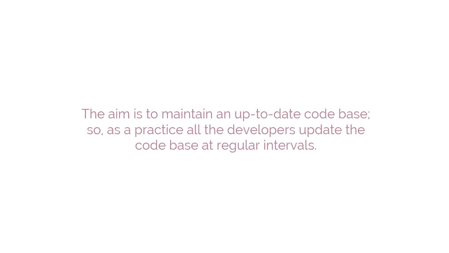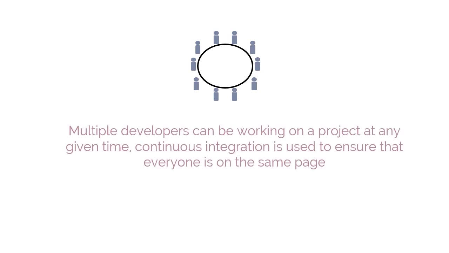The aim is to maintain an up-to-date code base. So, as a practice, all the developers update the code base at regular intervals, the minimum requirement being once a day. Because multiple developers can be working on a project at any given time, continuous integration is used to ensure that everyone is on the same page and that everyone is working on the updated code.